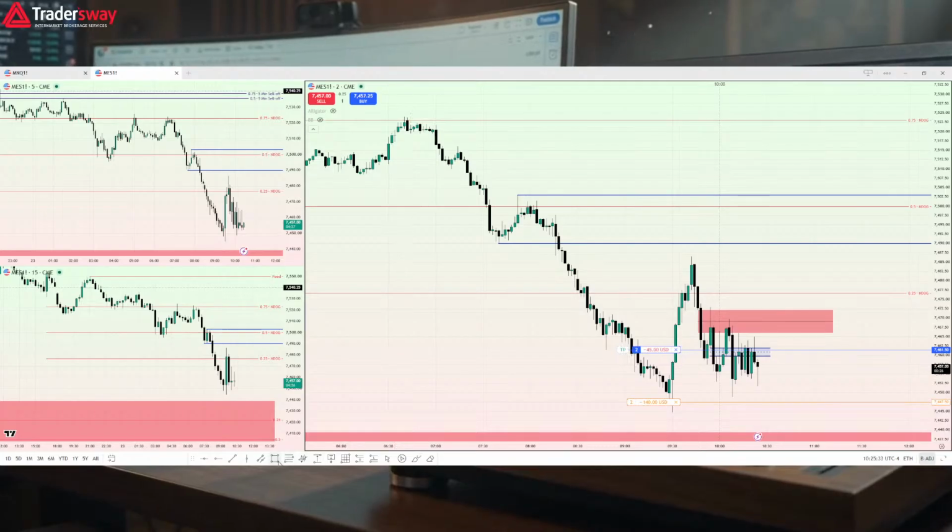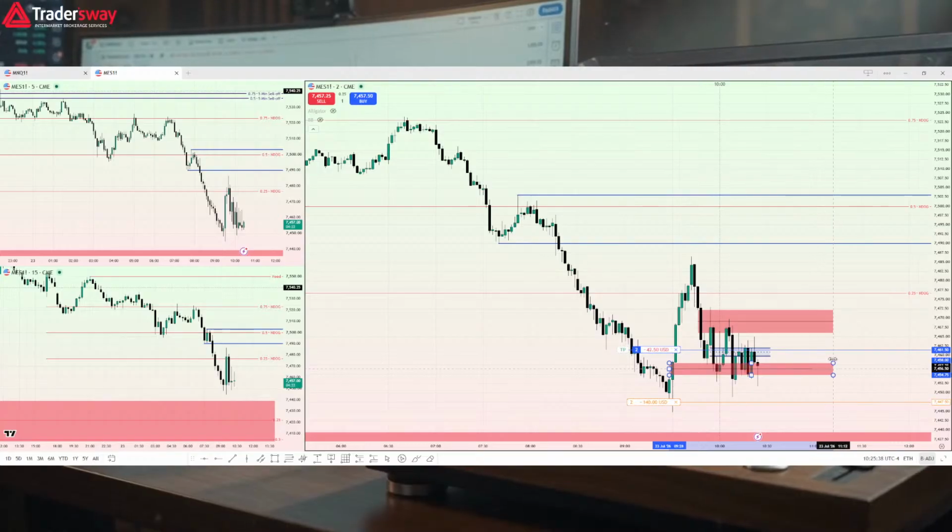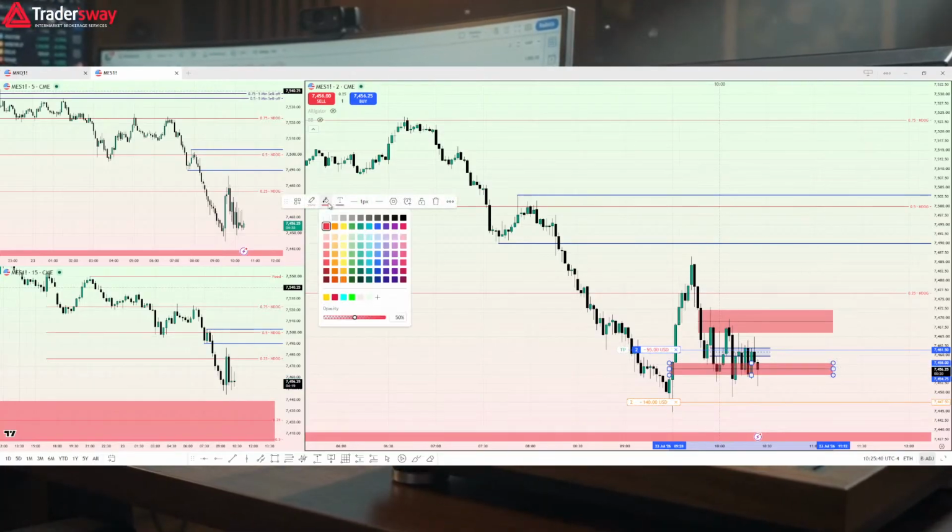And the worst part is this liquidity is also getting thin. That's a bullish fair value gap in the discount.